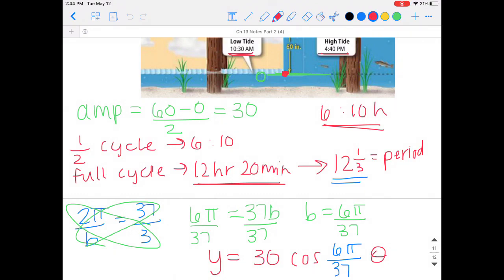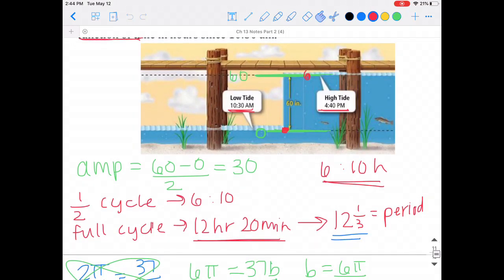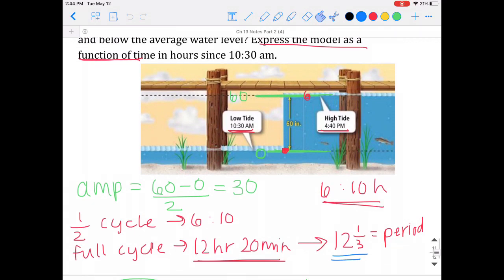So now we have our amplitude and we have our b value, but there's one other thing that we can't forget to take into consideration. For this model, it's modeling our tides from low tide to high tide, which means that this graph is starting at the minimum value and then going to the maximum value.